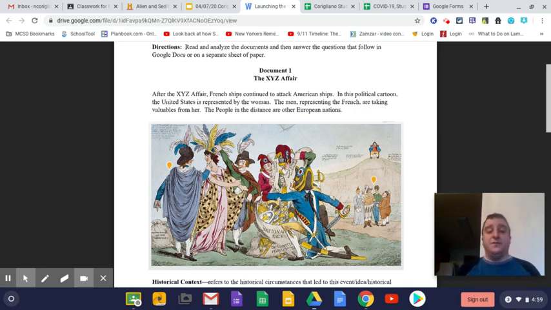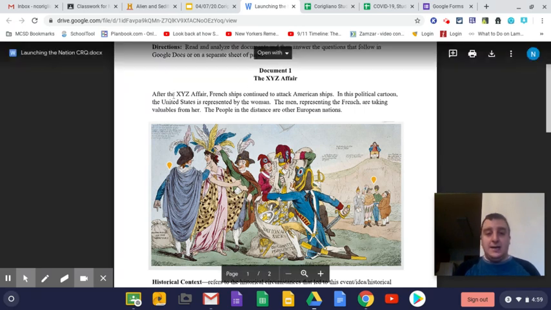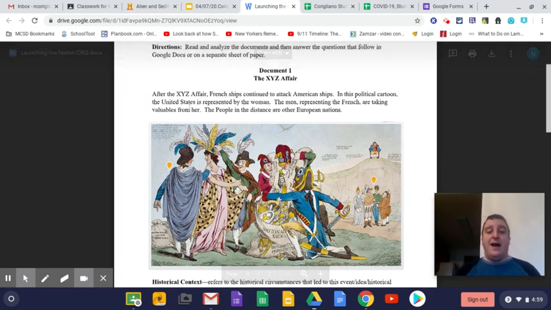And as a result of that, we can see not only that the XYZ Affair happened, as it's mentioned in document 1, but French ships also continued to attack American ships after the XYZ Affair, causing an artist to create this political cartoon to show that the French were taking advantage of the United States, and everything that Washington said would happen did happen.